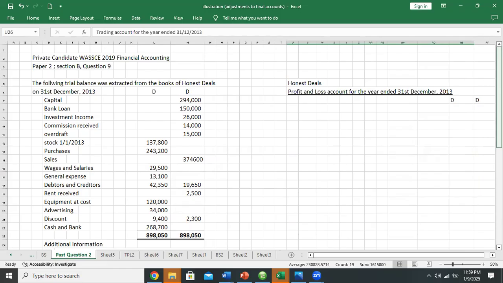Oh, yes, it's possible that the question would put in the gross profit for you so that you don't have to stress. But for WASI, most of the times you prepare your trading account to prepare your profit and loss account. But the question you ask is possible. There's that possibility. But most of the times, you always prepare your trading account. Okay. In WASI, when you check the past question, you always prepare your trading account, then you move on to prepare your profit and loss account as well.